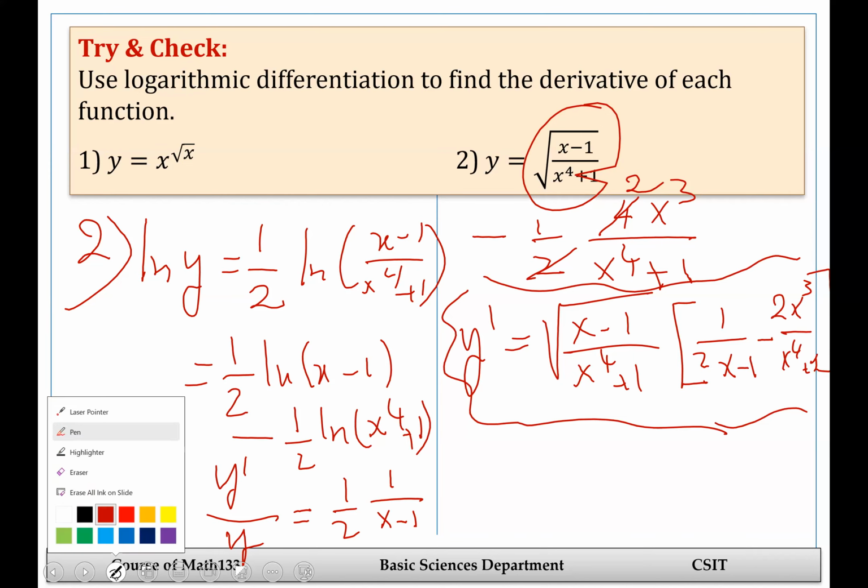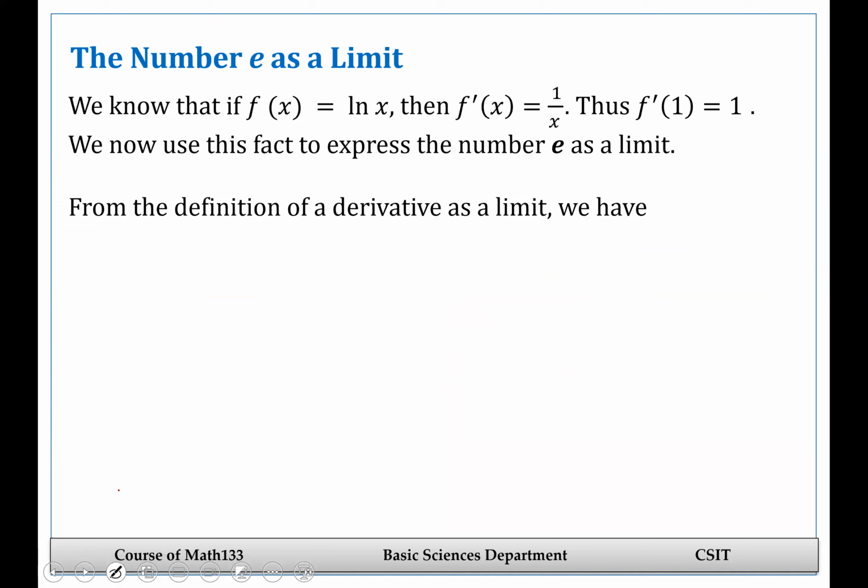Okay, now the next example here, an application of logarithmic differentiation. So if we have f of x equal to ln x, then f prime is equal to 1 over x. That is, f prime of 1 in particular is equal to 1.